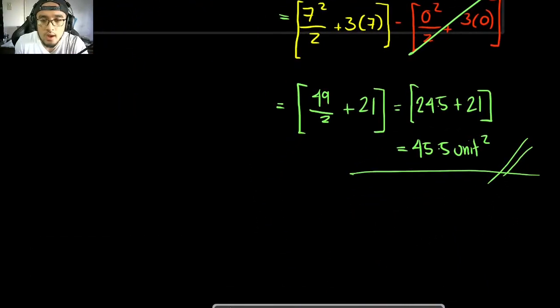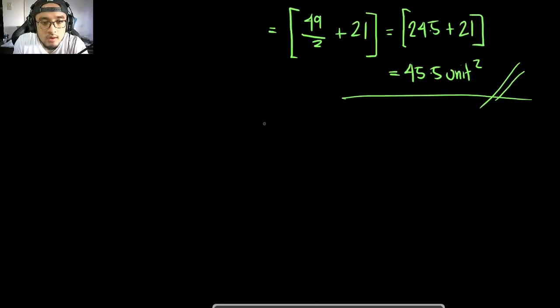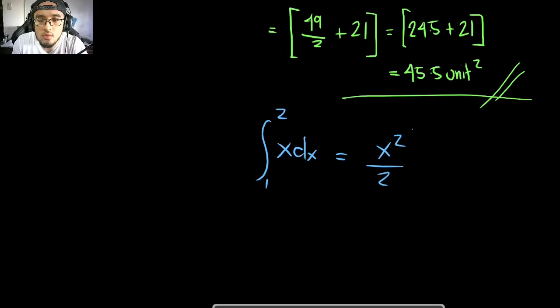I want to make a clarification here. We are not indicating plus c in our integration because they would just simply cancel out. For example, let's say x dx from 1 to 2. This is equal to x squared over 2 plus c with the limits of 1 to 2.